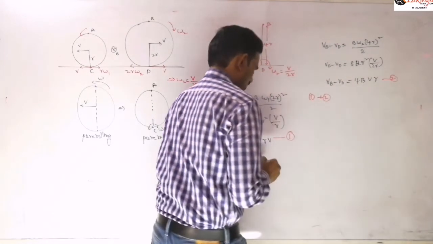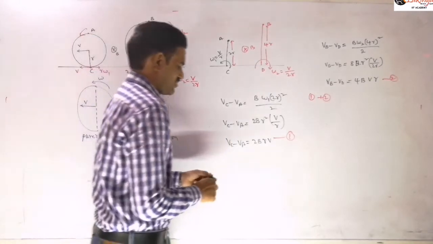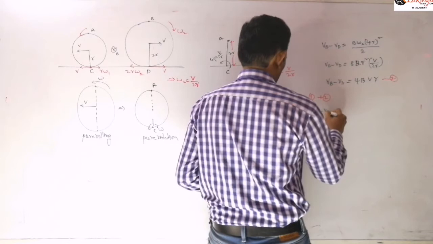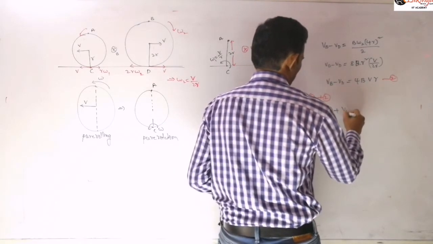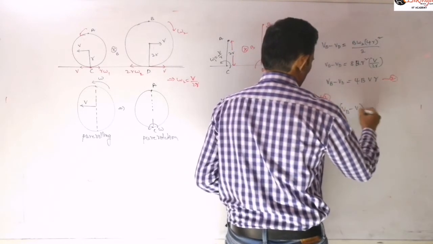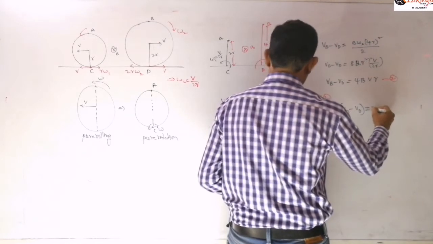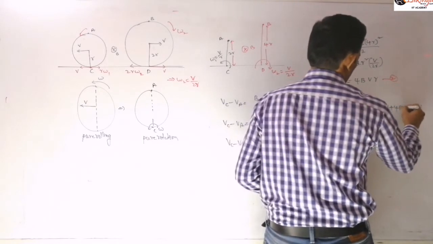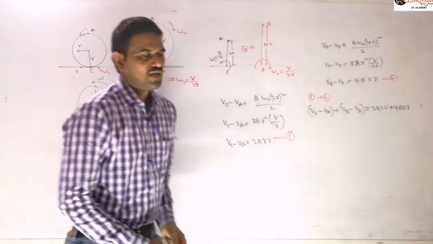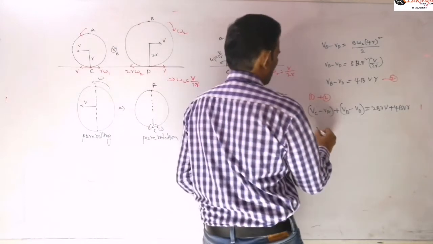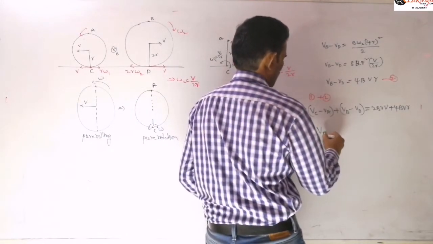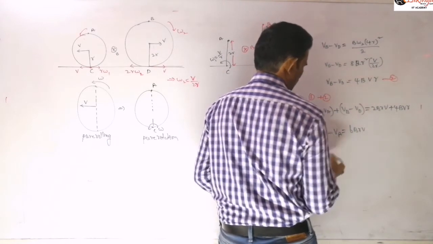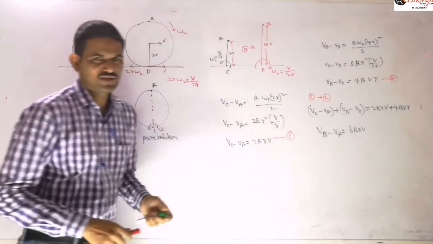So if you add them, what you will get is Vc minus Va plus Vb minus Vd is equal to 2BRV plus 4BRV. Now I can write this as Vb minus Va is equal to 6BRV. So this is nothing but our required potential difference.